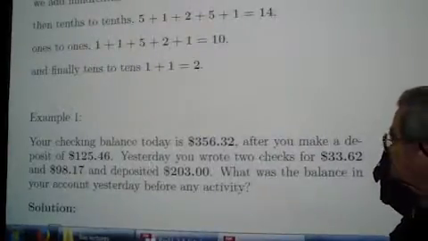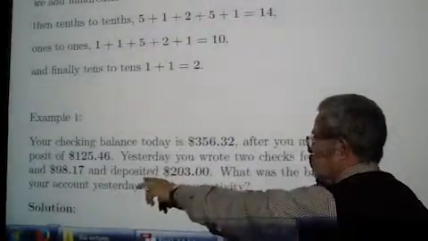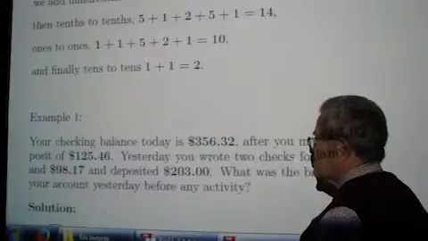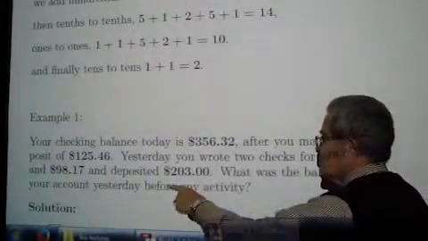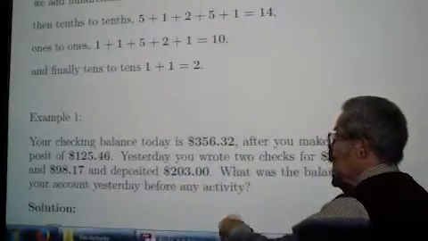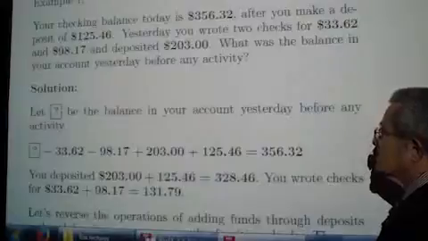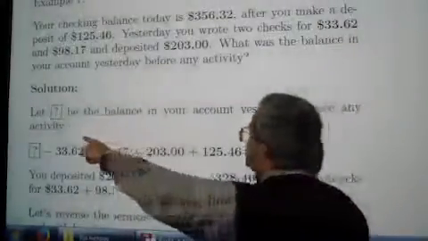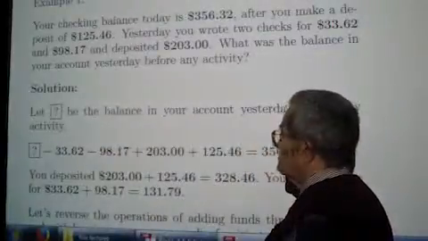Okay, so today it's $356.32 after you make a deposit of $125.46. Yesterday you wrote 2 checks for $33.62 and $98.17, and you deposited $203. Let this be the balance in your account yesterday before any activity.